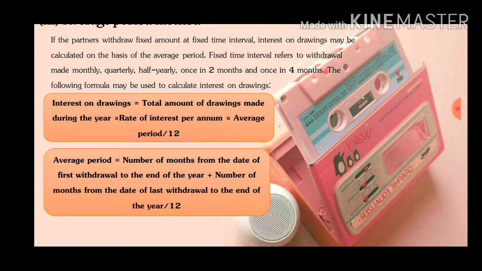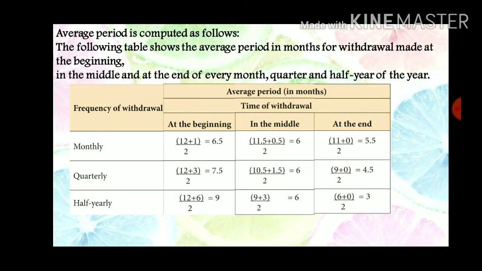Average period means number of months from the date of first withdrawal to the end of the year plus number of months from the date of last withdrawal to the end of the year, divided by 2. There are three methods to be followed: first is direct method, second is product method, third is average period method. The last two methods have to be discussed in this chapter.